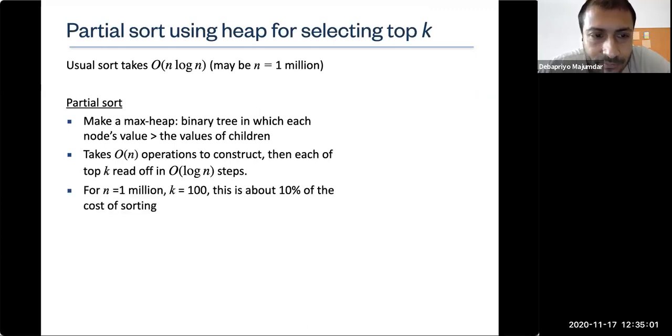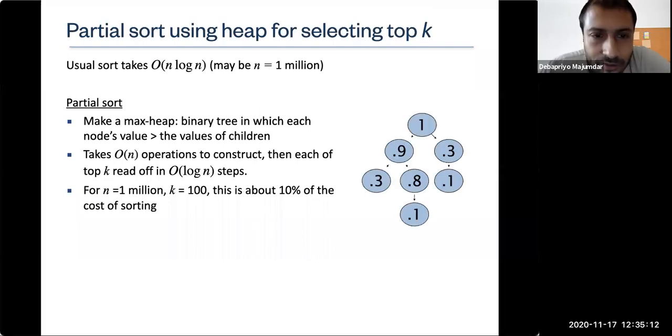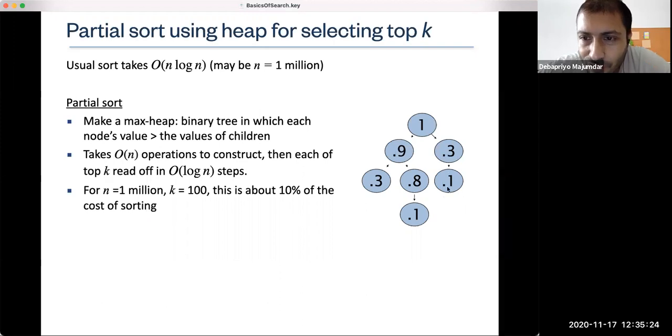So for example, if n is 1 million and k equals 100, or k equals 10, which will be even better, then this is about 10% or even less of the cost of sorting. So essentially, it is order n to construct and then order k log n. Instead of n log n, what you have is n plus k log n. So something like this will be a max heap.